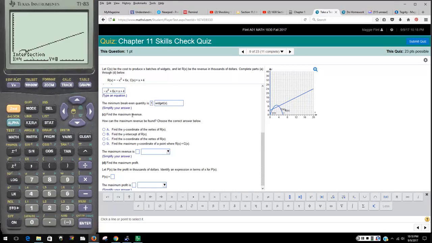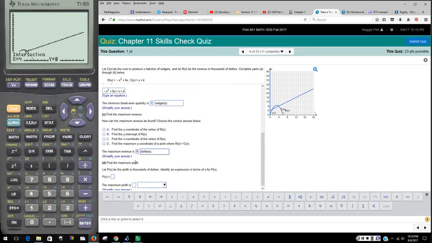It says find the maximum revenue. Well, that was the vertex of that parabola, so the maximum revenue was at x equals 3, and it gave us the y value of 9, and that's dollars because your revenue is money.